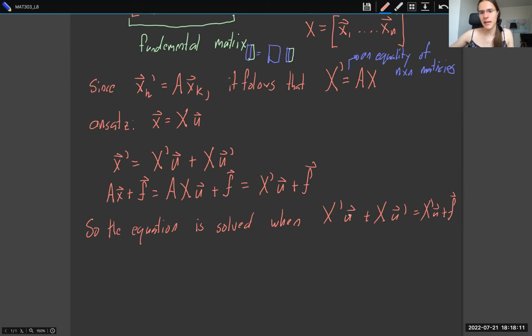But there's the same term on both sides. So that's equivalent to saying just that X U prime is equal to f.